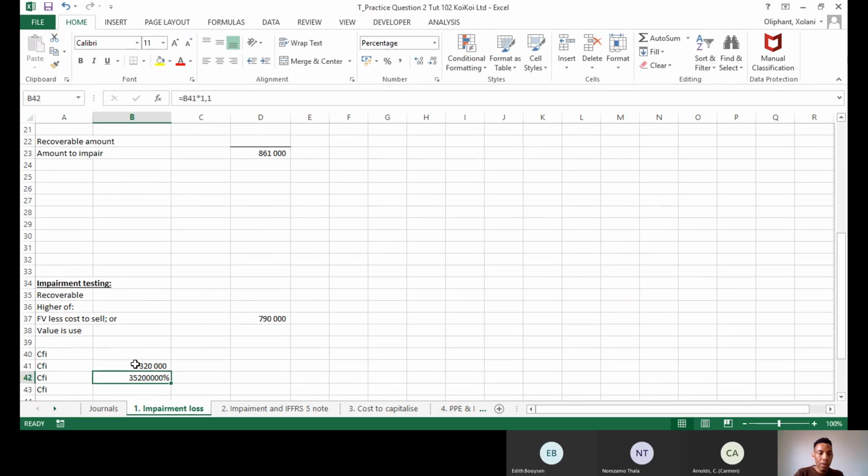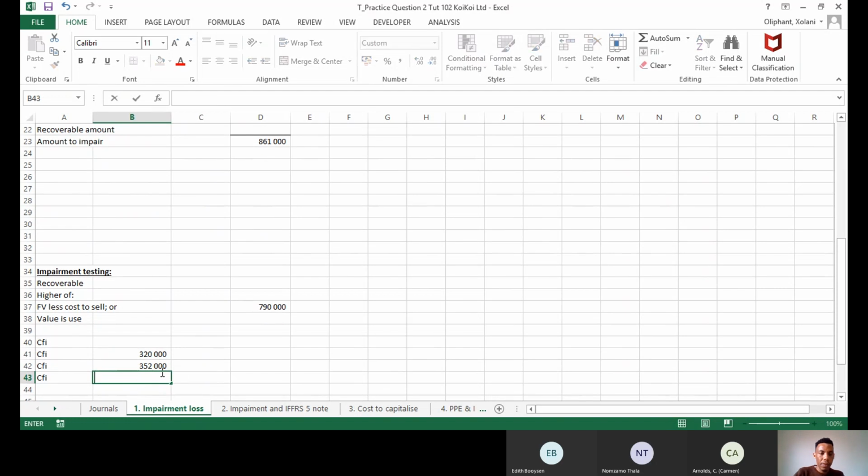The same. And then in year 3, we know that that amount is going to increase by another 10%, that times 1.1. Okay, there we go. Fine. So those are our future net cash flows now.